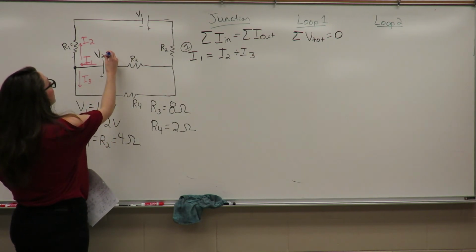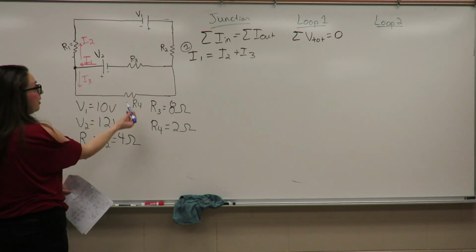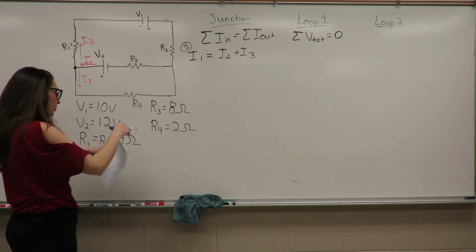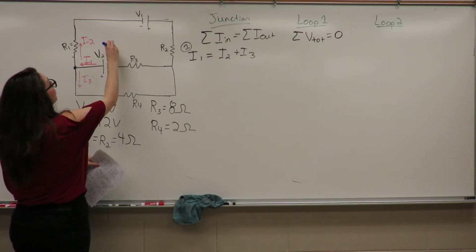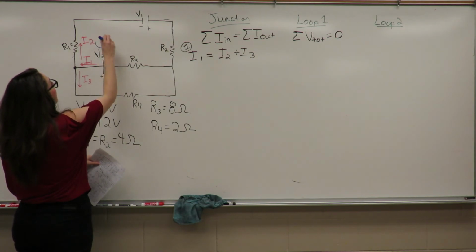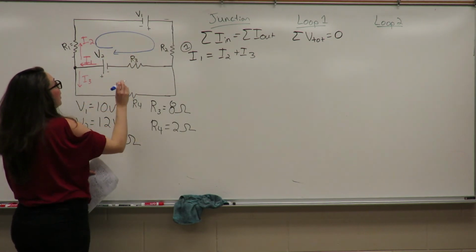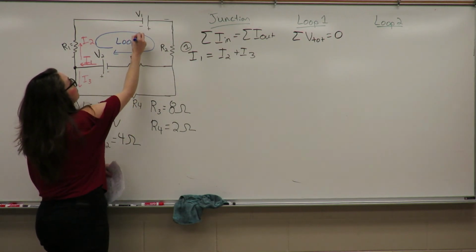So I'm going to start here with my battery, which I'm calling V2, and that's where I'm going to start drawing my Kirchhoff loop for this top loop here, which I'm going to call loop 2. This loop is going to start in this direction, and it's going clockwise around this upper part. And we're going to call this one loop 2.